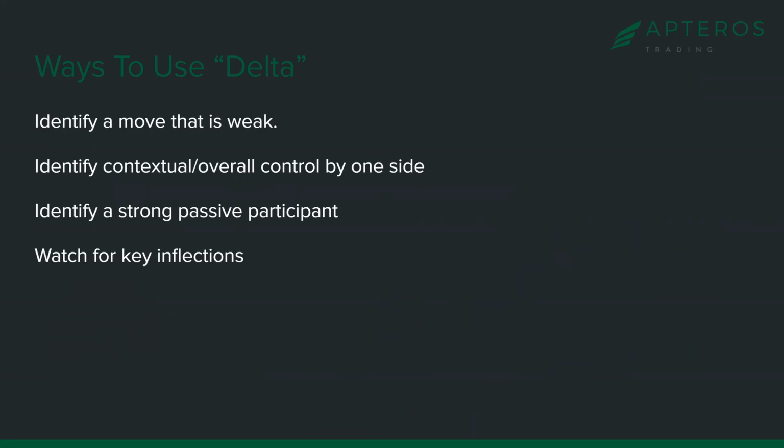But in general, don't overthink it. Don't try and be a Delta rocket scientist this coming week. Look for some easy stuff. Look for a move that you're interested in trading that's confirmed that the tape is weak on the opposite side of the tape that you're looking to get into.